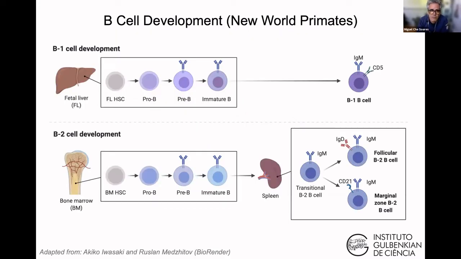Just to remind you very briefly, these are the New World primates, the lemurs. They have the development of B cells. It doesn't quite matter exactly how this works, but these are B1s and B2s, the two flavors of cells, if you will, that occur. They develop normally to generate peripheral cells that can produce IgM.